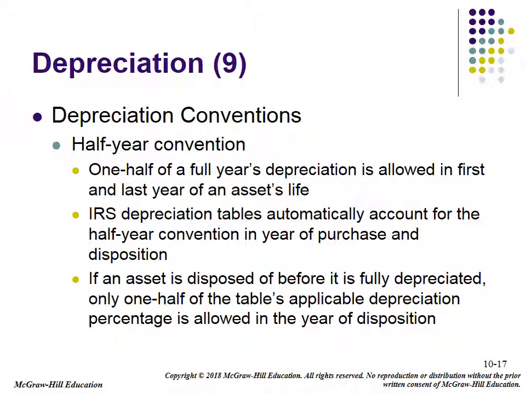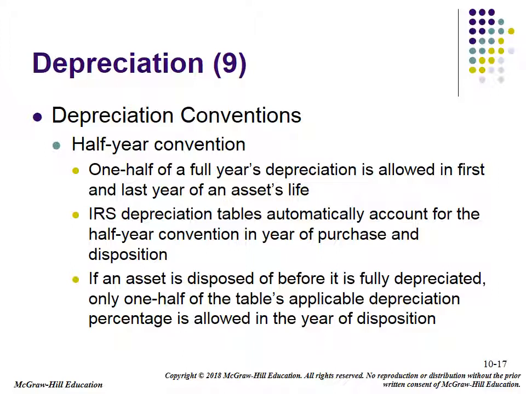And that's what the tables are already set up to do: calculate 6 months' worth of depreciation, even though you may have only owned it 2 months or 4 months or 12 months. You only get half a year in the first year. Then you get your 12 months, 12 months, 12 months, 12 months, depending on the life of the asset. And then you'll go into the final tax year with another 6 months of depreciation.